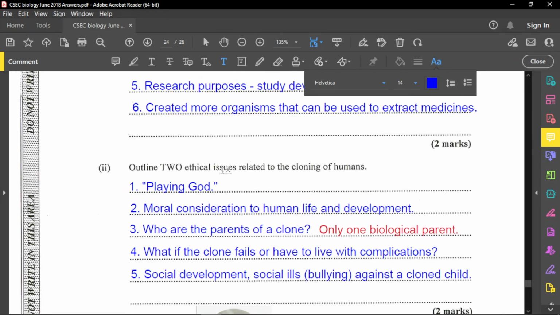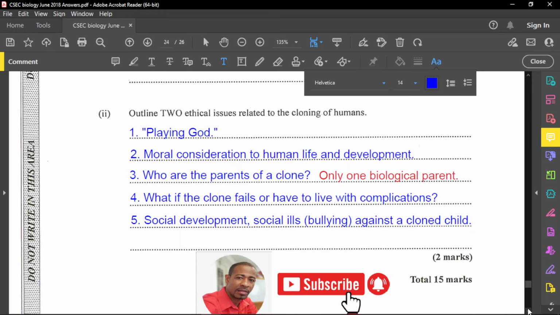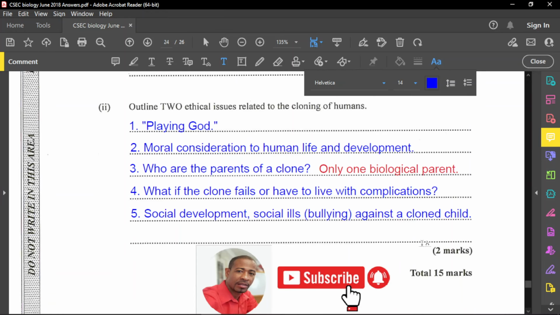And so, outline two ethical issues related to the cloning of humans. One of the first things we will always see when it comes to cloning is people saying scientists are playing God. And so one, you could have moral consideration for human life and development, as people may say that if you're doing that, then you have no regard for human life.